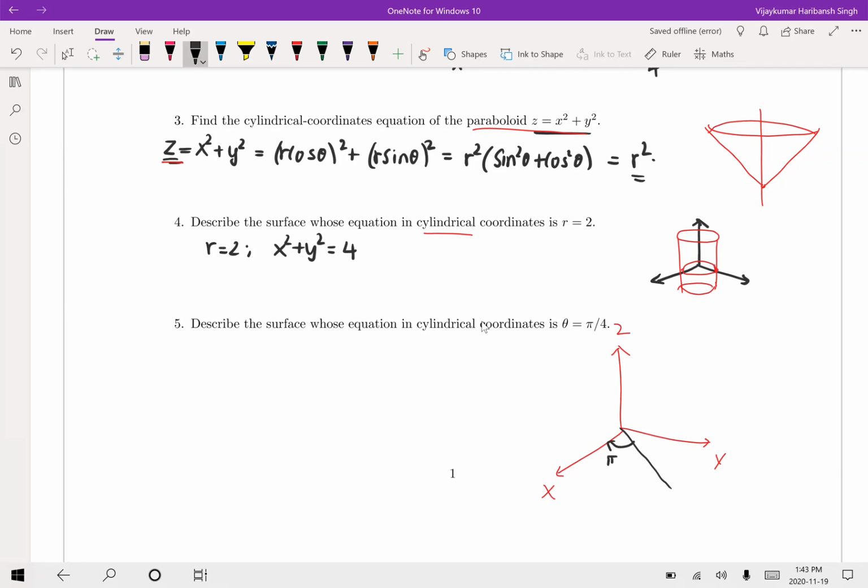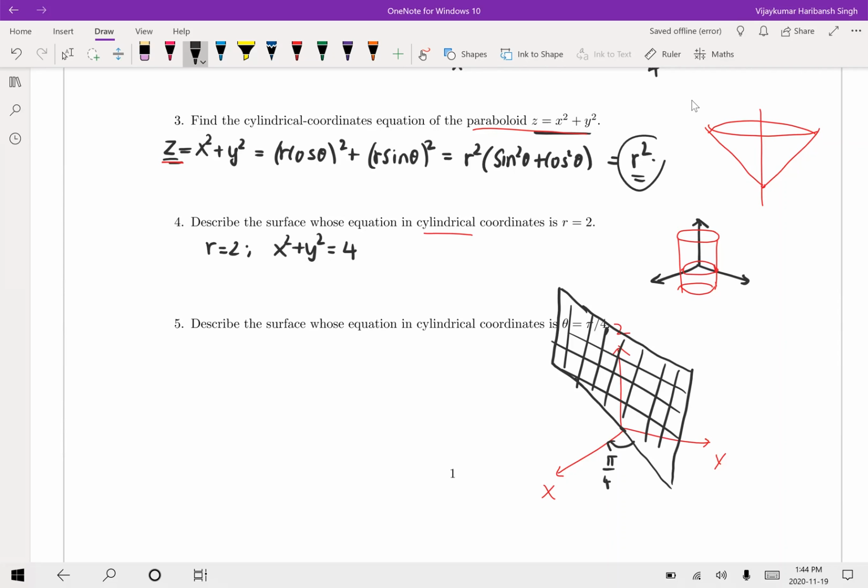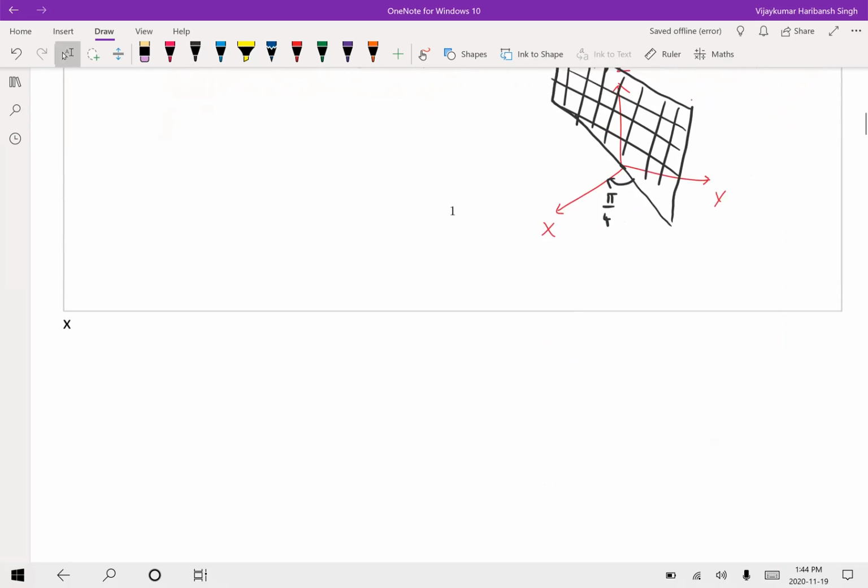This angle is pi by 4, so this is a plane of theta equals pi by 4. These are the regions which look nice in cylindrical coordinates. You will soon see that each of these is also called a cylinder. We'll see that in a moment.